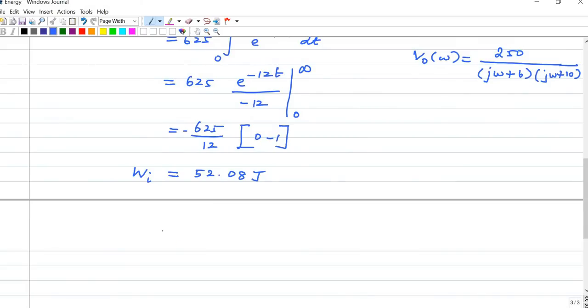So now I need to find out the energy of the output signal. In the frequency domain, I am calculating the energy. So we need absolute V naught of omega the whole square, which is V naught of omega multiplied by V naught of omega conjugate.